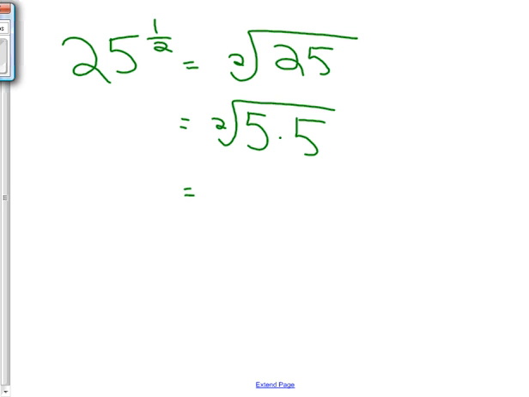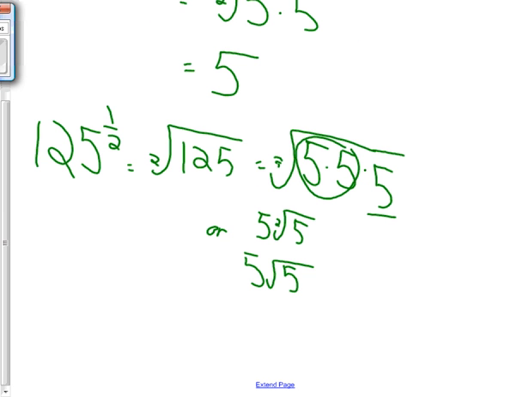So there's 1 pair of 5. Take out a 5. Because it's square root, the 2 is implied.